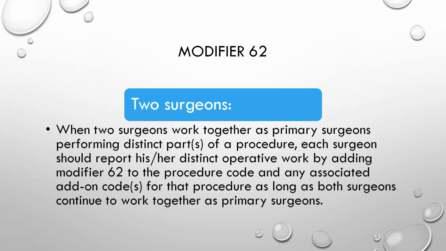So provider A performs their specialty portion of the procedure, and then specialty B surgeon comes in and they perform their portion of the procedure. And that means that both surgeons are going to append the 62 modifier stating that they both performed their portion.